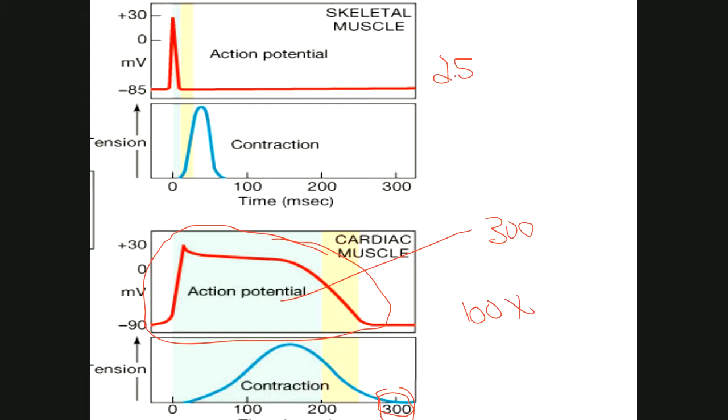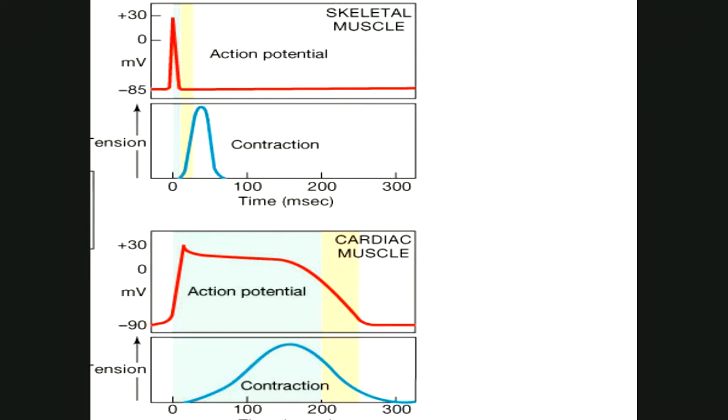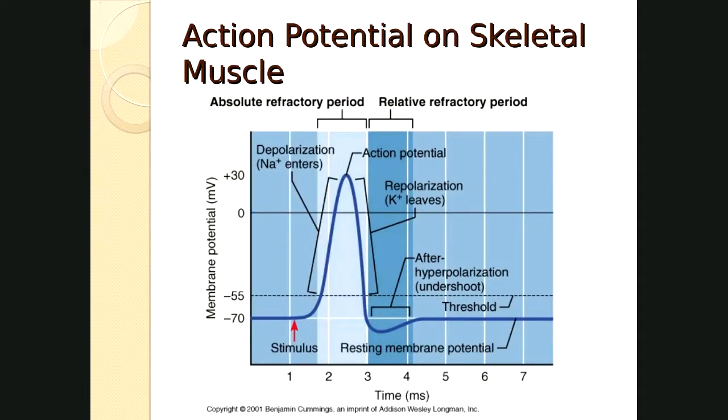And look at the contraction here. This action potential is over before the contraction gets going. But down here, look, the contraction is really over before the action potential is. So there's something different about the action potential of cardiac muscle.